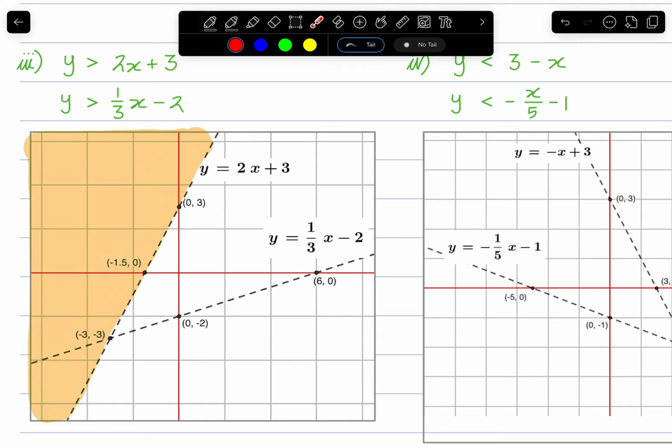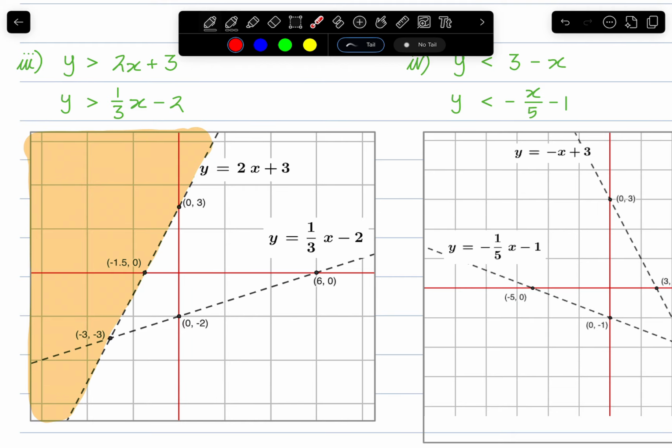Just to pick another point, let's say we pick, randomly, this point here. Is this point above or below this line here? So that's this equation. I'll repeat, is the y value of this point greater than the line at this point?